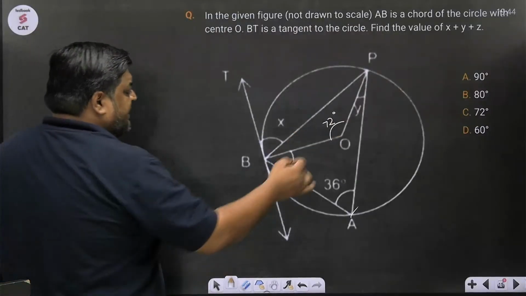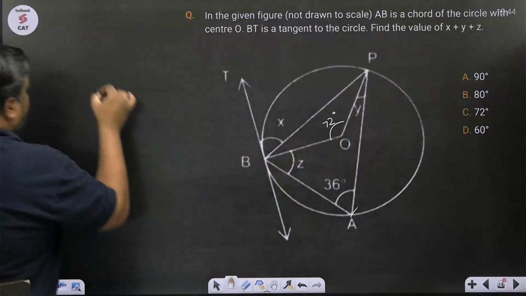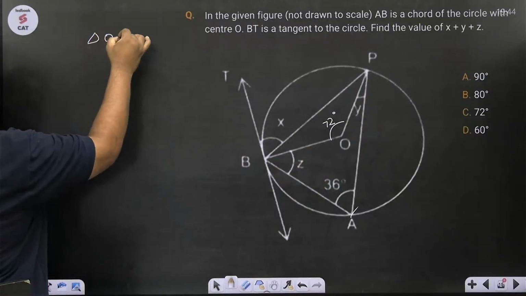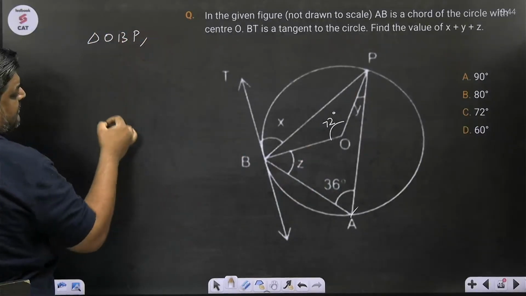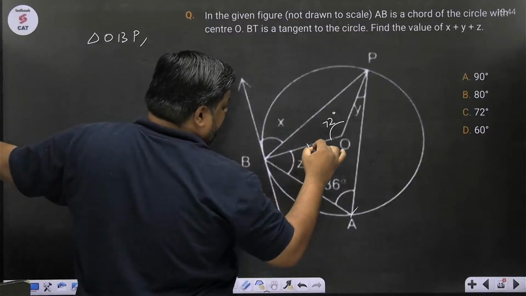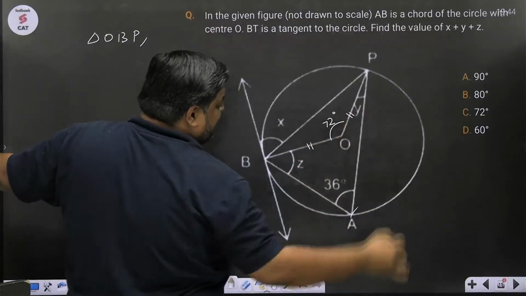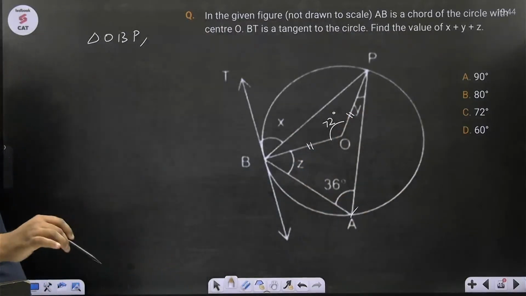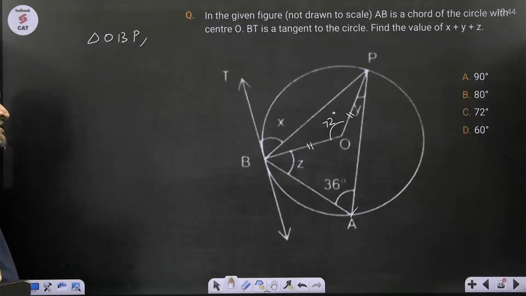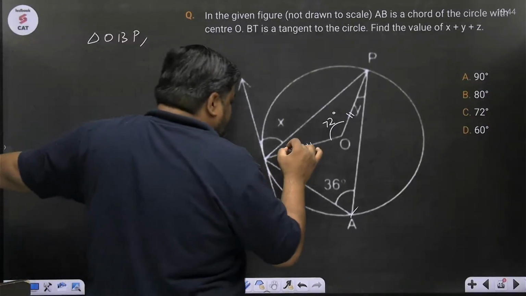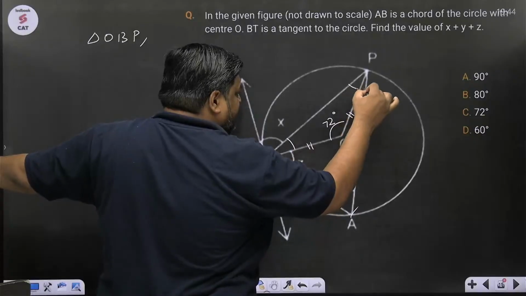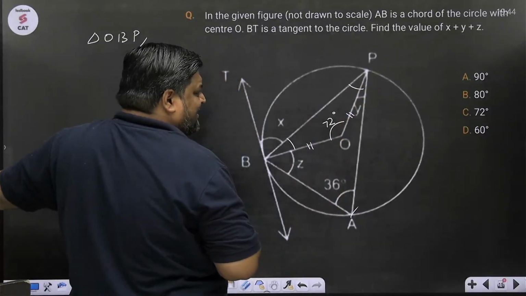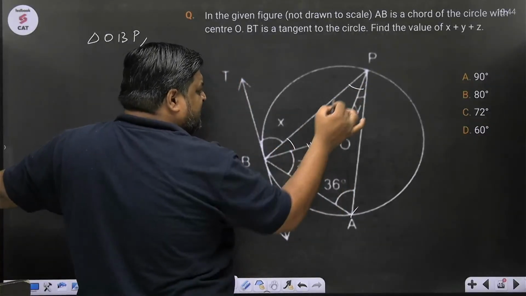Now focus triangle OPB. In this triangle, OB and OP are radius of the circle, hence they are equal. So ये जो angle होगा, ये दोनों angle same होगा, right? What would be these two angles?